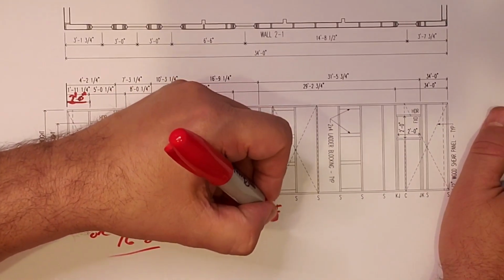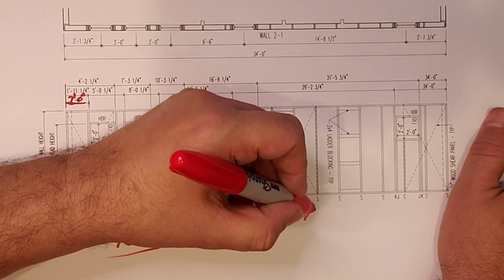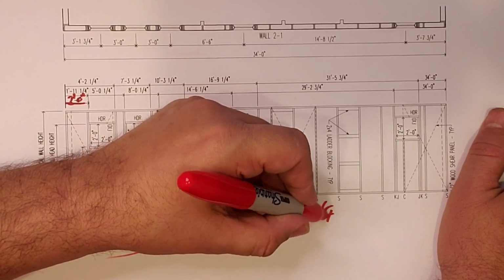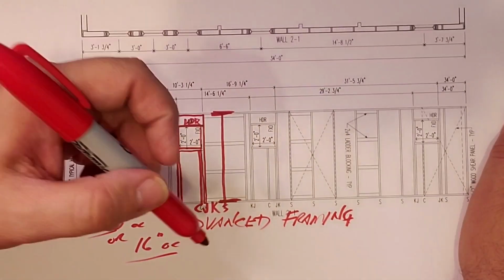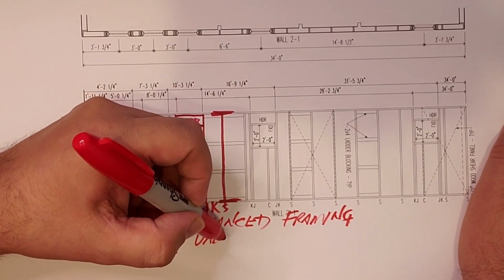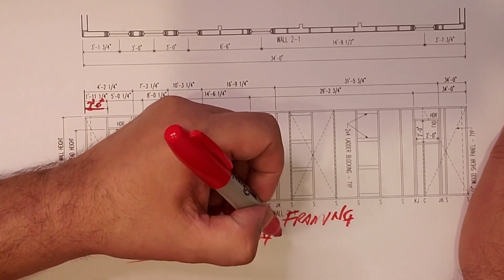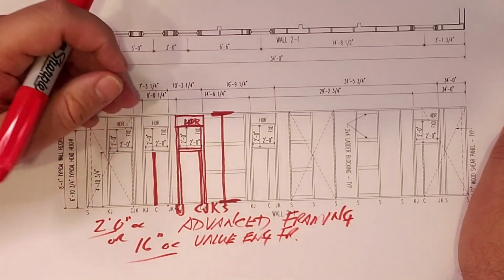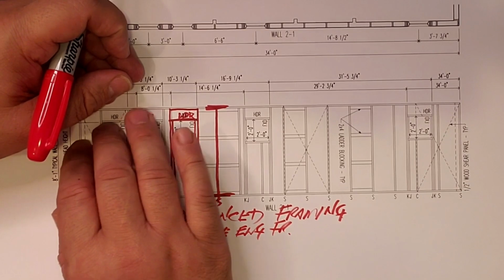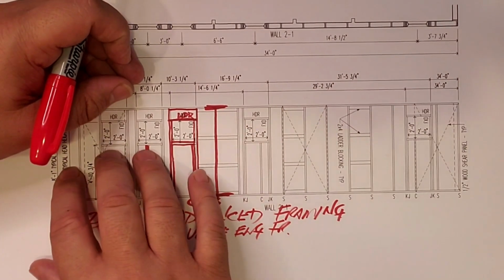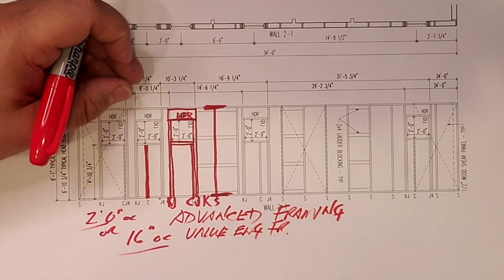I don't know why it's advanced, but we'll run with it because that's what people call it. Or value engineered framing. But basically all they're doing is just trying to whittle away at how much wood gets placed on the wall.